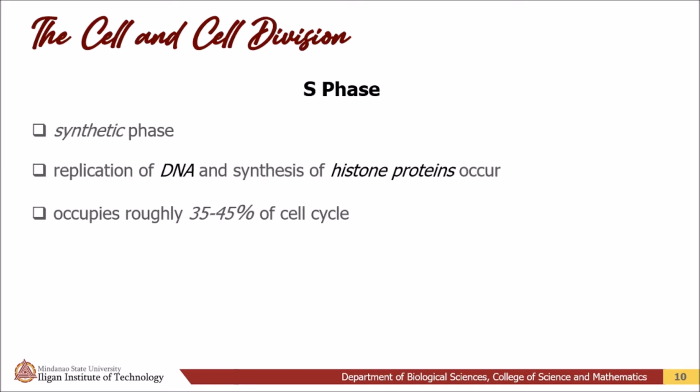S phase or synthesis is the phase of the cell cycle when DNA packaged into chromosomes is replicated. This event is an essential aspect of the cell cycle because replication allows for each cell created by the cell division to have the same genetic makeup.